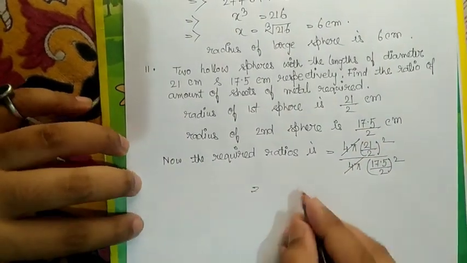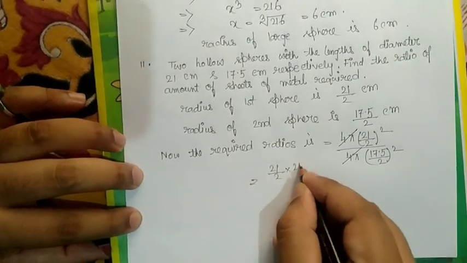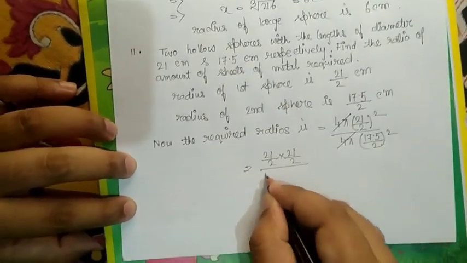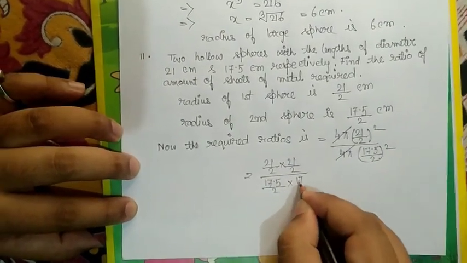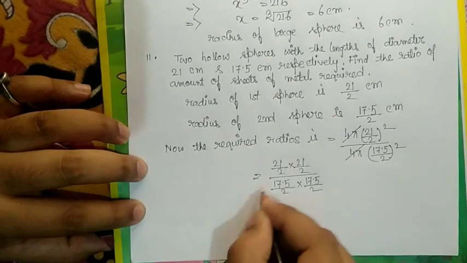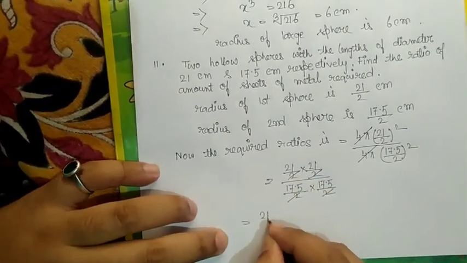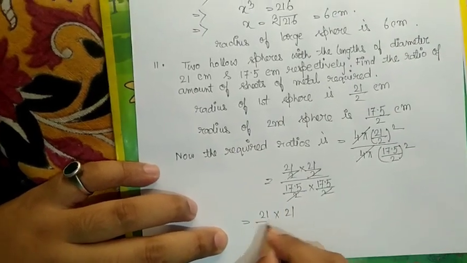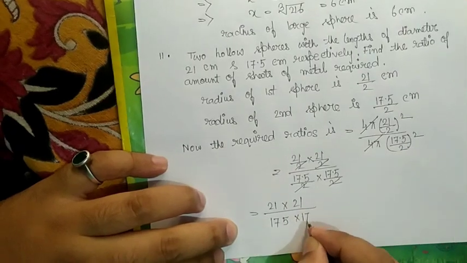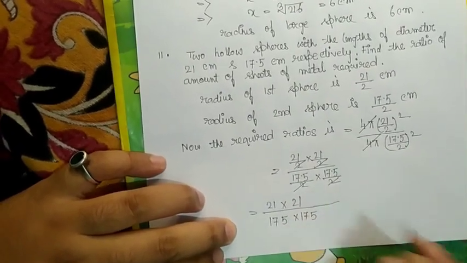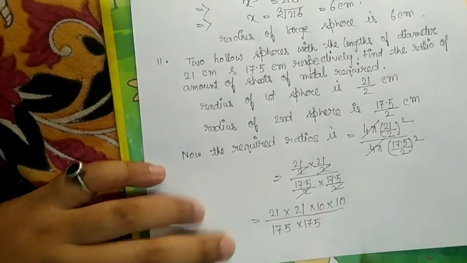So therefore we get 21 by 2 into 21 by 2 by 17.5 by 2 into 17.5 by 2. Eliminate those. Therefore we get 21 into 21 for this, 175 into 175 for the 0.5, in the numerator we have to multiply it by 10 into 10.